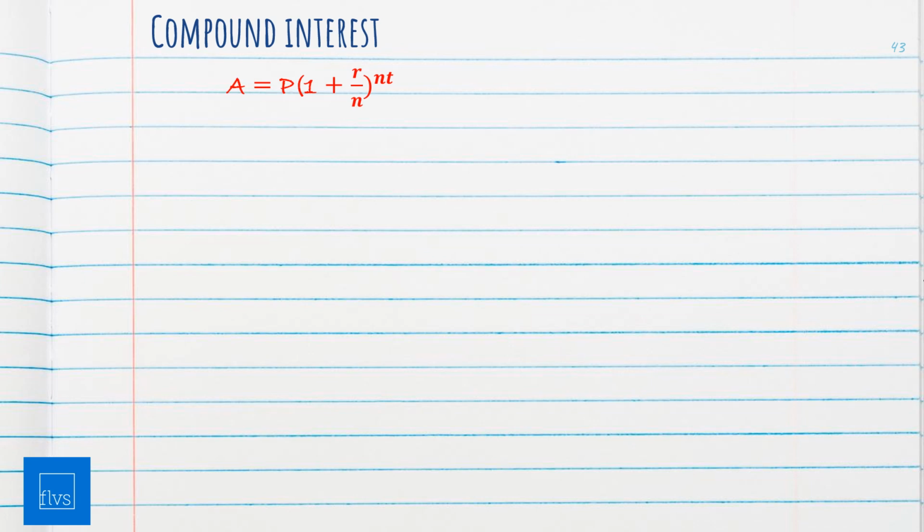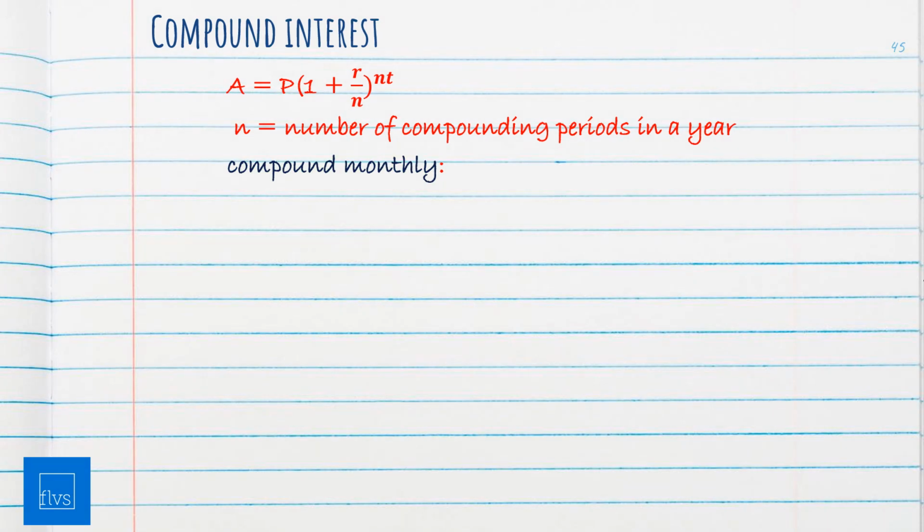The N is the number of compounding periods in a year. So let's take a look at different types of compounds. So compounded monthly. If a problem says it's compounded monthly, there are 12 months in a year. It's going to be n equals 12.